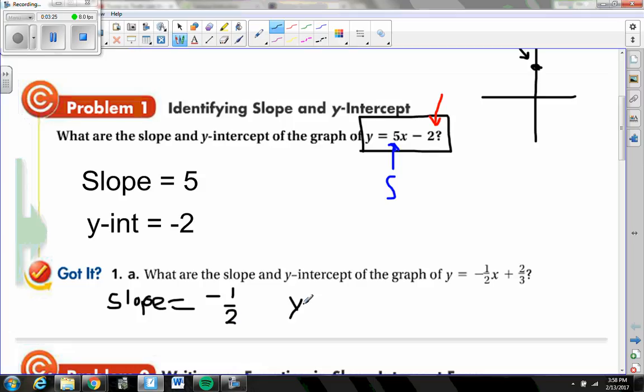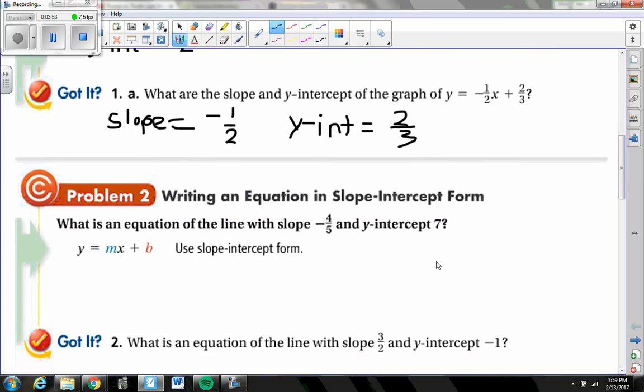And the y-intercept is the number that's added on at the end, which in this case is a positive 2/3. I don't need to put the positive sign, I know it's there. So slope is negative 1/2, y-intercept is positive 2/3. So hopefully you're okay with looking at a slope-intercept form of an equation and finding the slope and the intercept from that.